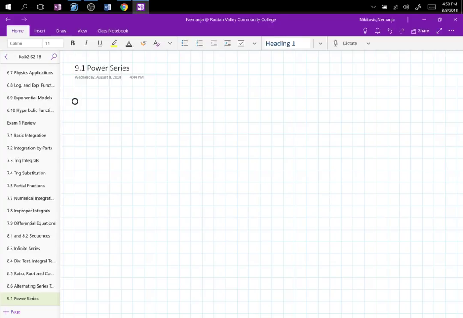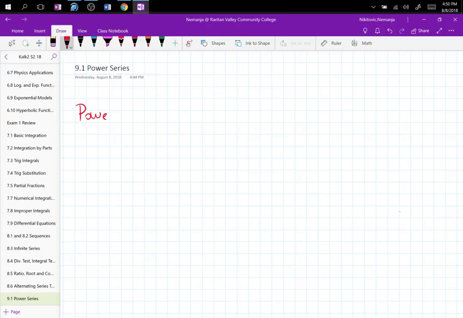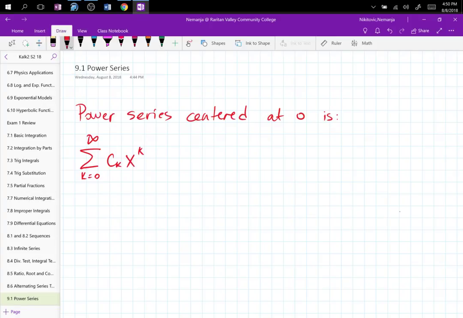So when you write the power series centered, we'll explain this later, at 0, it is given by the summation, k goes from 0 to infinity, c_k x to the k. So you see that now you have an x in there.